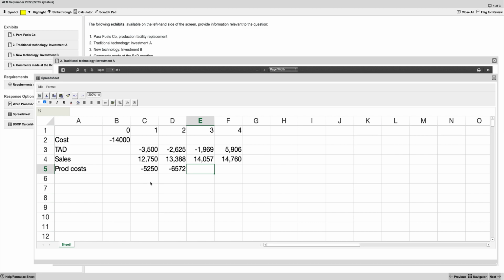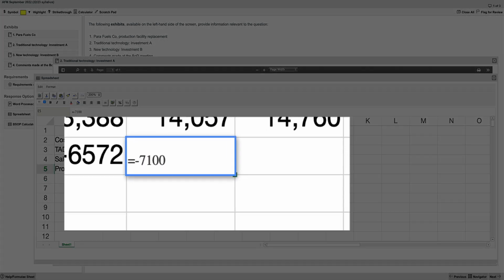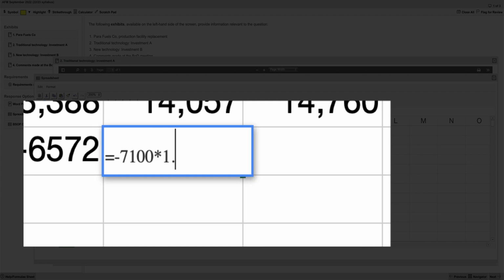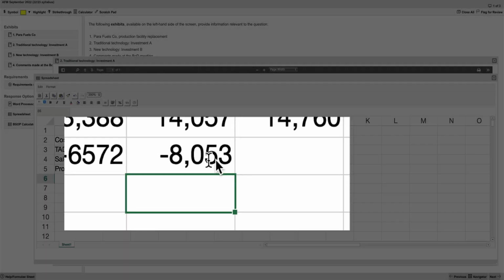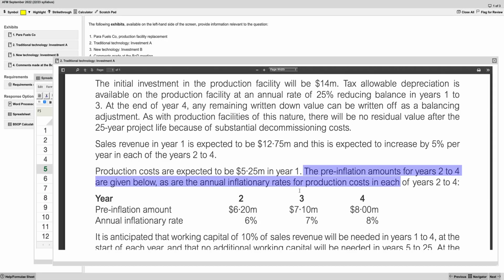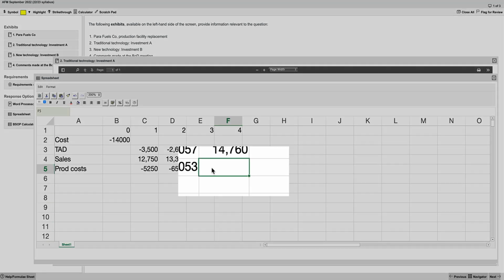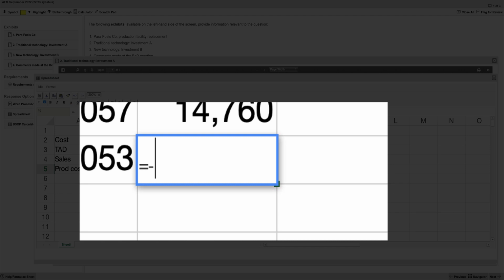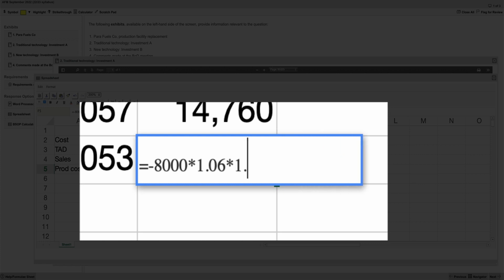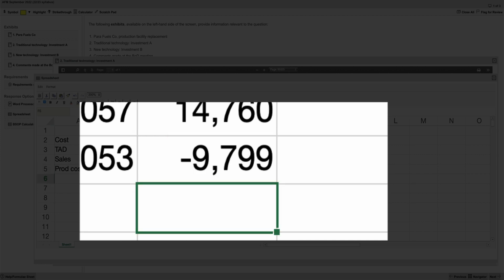So 7,100 negative times by, it was 1.06 in year 1 and it's 1.07 in year 2. And in year 4, it's 8% and 8 million. Easier to remember. So equals minus 8,000 times by 1.06 in year 2, 1.07 in year 3, and 1.08 this year, and I'm done.